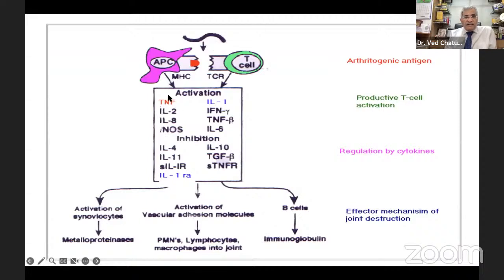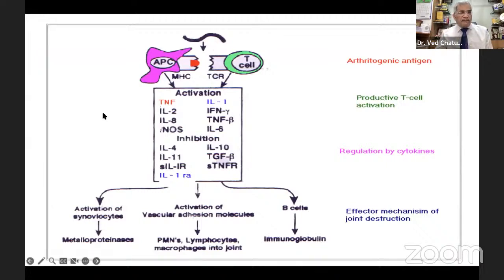Cyto means cell. So these things are produced, and they are called cytokines. Now, these cytokines activate the synovium, they activate the B cell, which produces the rheumatoid factor and other things, and they also activate vascular adhesion molecules. So these cytokines are responsible for T cell activation and regulation.